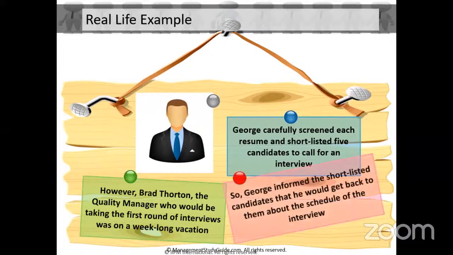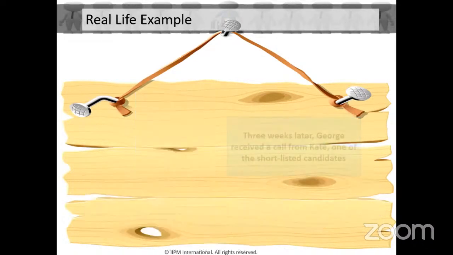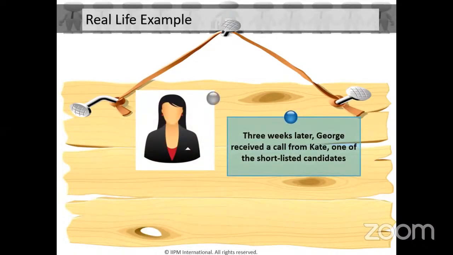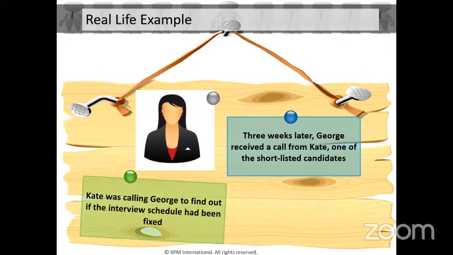However, Brad Thornton, the quality manager who would be taking the first round of interviews, was on a week-long vacation. So Judge informed the shortlisted candidates that he would get back to them about the schedule of the interview. 3 weeks later, Judge received a call from Kate, one of the shortlisted candidates.